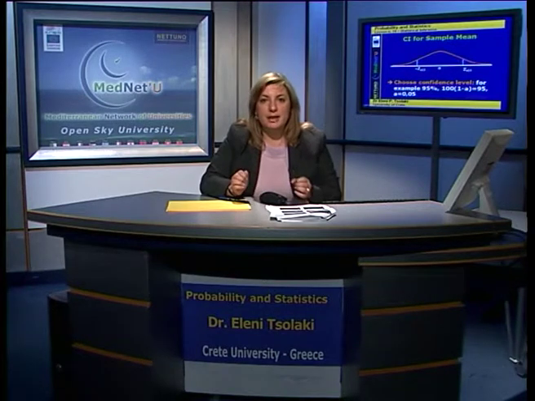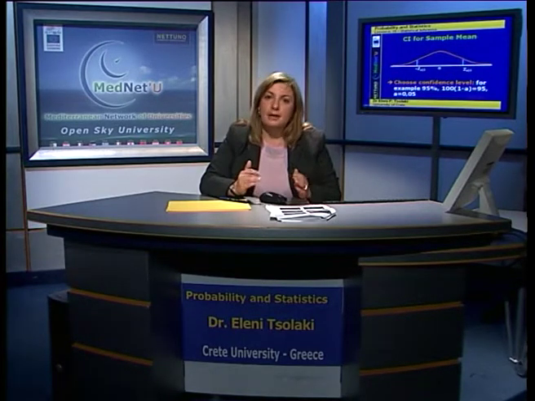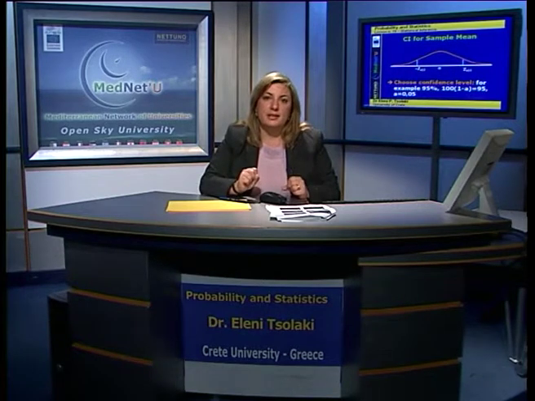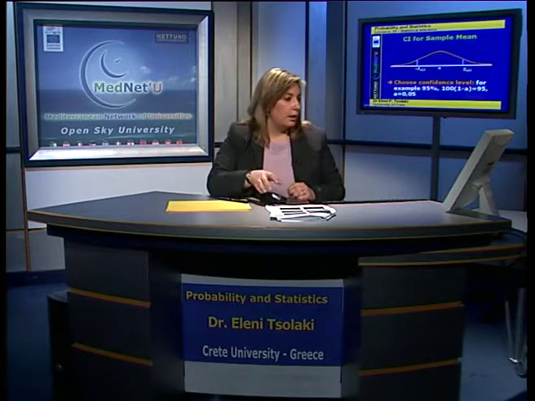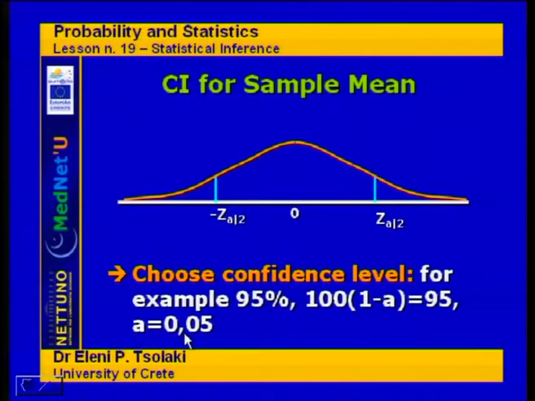Now, most of the time in statistics, we would use either a 90%, a 95%, or a 99% confidence interval. Now, for this example, we choose a 95% confidence level.